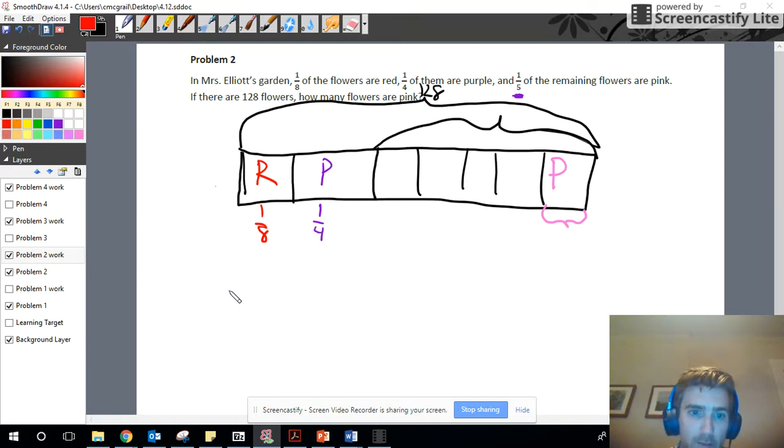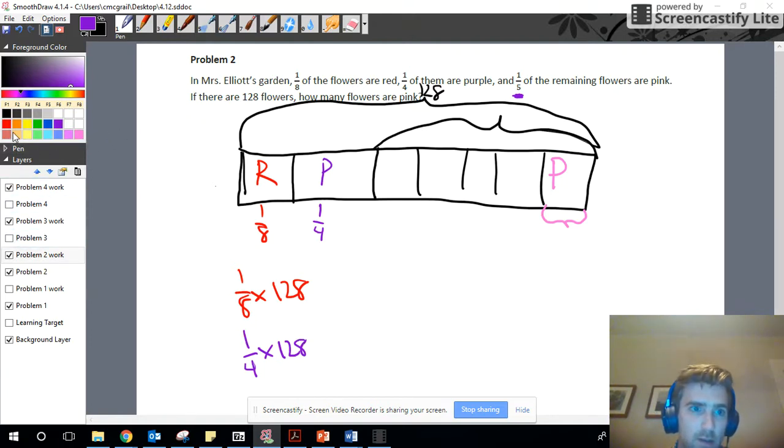I'm going to do that by finding 1/8 of 128. I'm also going to show my work by finding the purple ones. I want to find out how many are purple. That's 1/4 of 128.